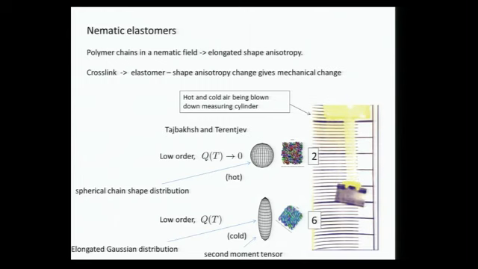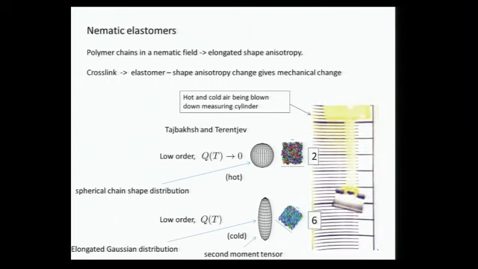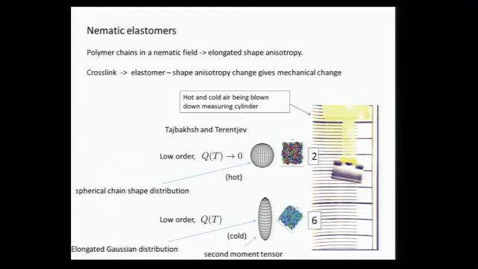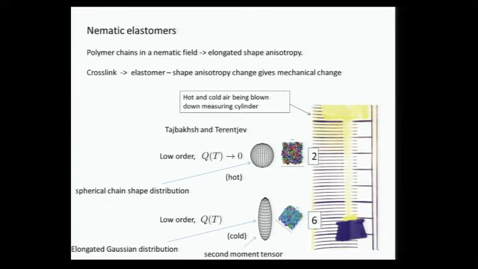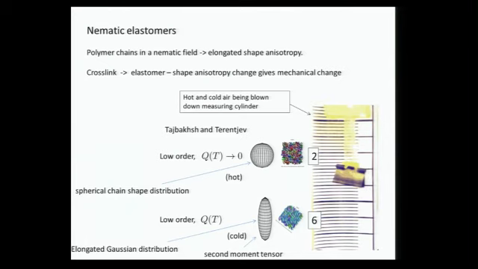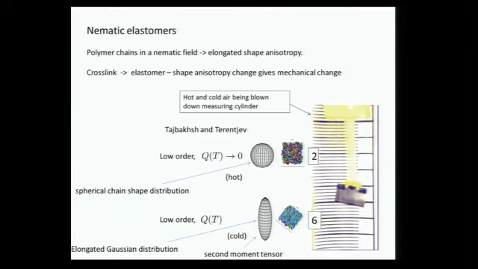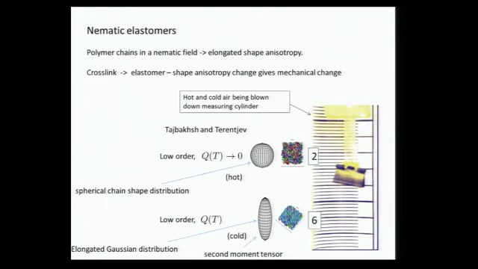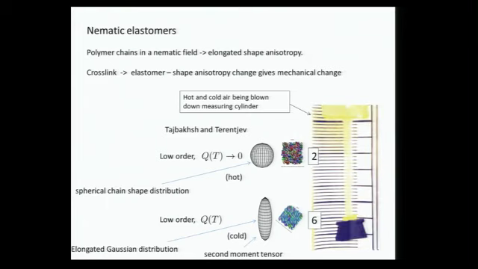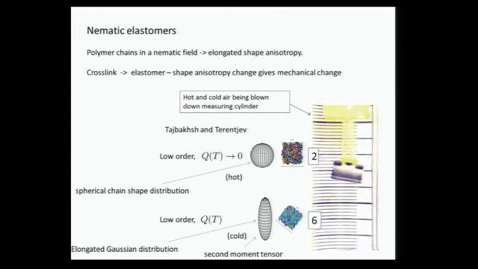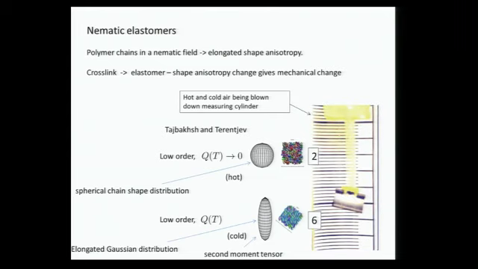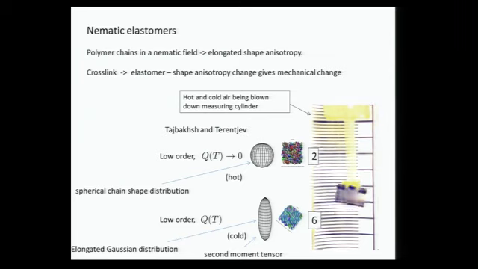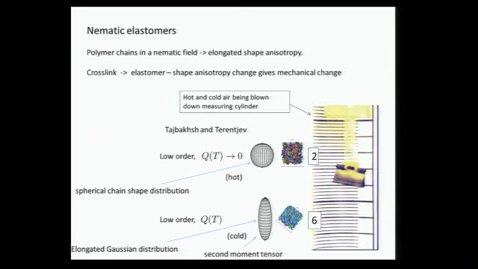And the polymer chains, which are important to make an elastomer, a solid, are isotropic in their shape distribution at high temperatures and are anisotropic at low temperatures. And this sphere is supposed to represent the shape distribution of the chains that make up the solid. And when they are elongated, this prolate ellipsoid represents their shape distribution.